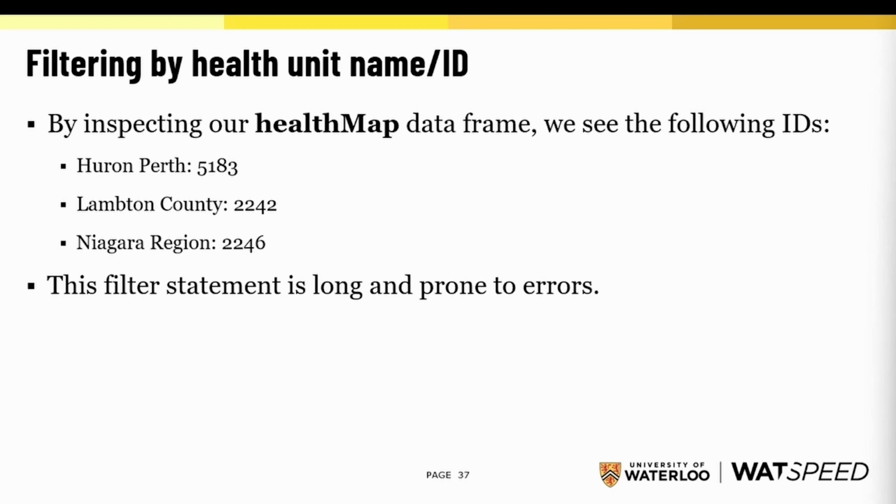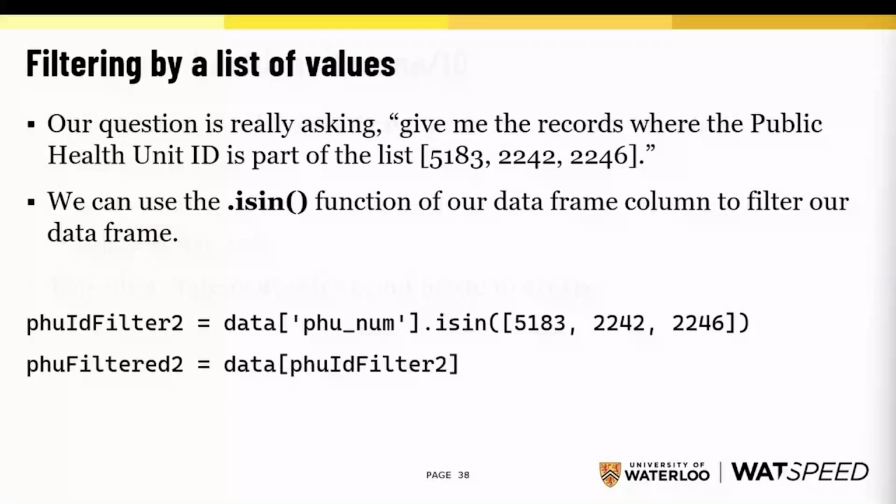Fortunately, Pandas has another trick up its sleeve. Since we're asking the question, give me the records where the public health unit ID is part of the following list of health unit IDs, we can take advantage of another built-in function on our data frame column called the isin function. We can use this to filter our data frame.